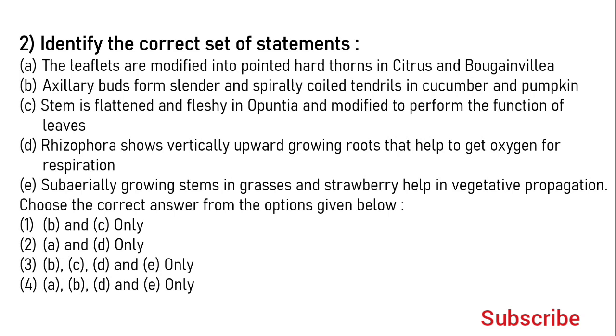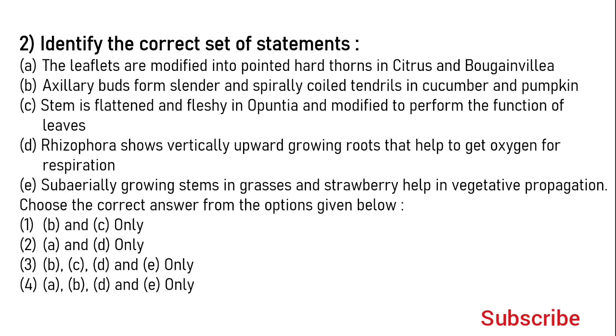Your second question is: identify the correct set of statements. A. The leaflets are modified into pointed hard thorns in citrus and bougainvillea. B. Axillary buds form slender and spirally coiled tendrils in cucumber and pumpkin. C. Stem is flattened and fleshy in opuntia and modified to perform the function of leaves.